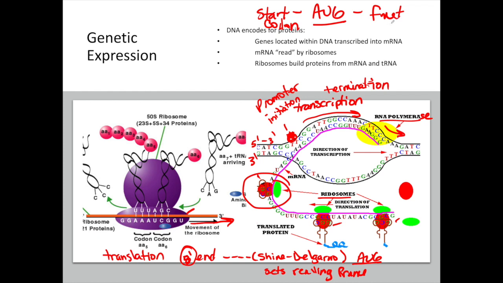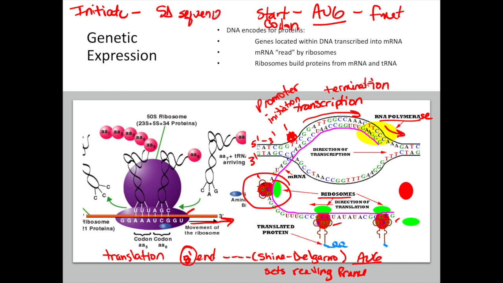Now, that methionine may be processed off later, so not every single protein in bacteria has methionine as its first amino acid. It may get broken off, but it is the very first amino acid that is brought in to the ribosome to begin the elongation process. So in initiation of translation, we're going to hit that SD sequence, that Shine-Dalgarno sequence.